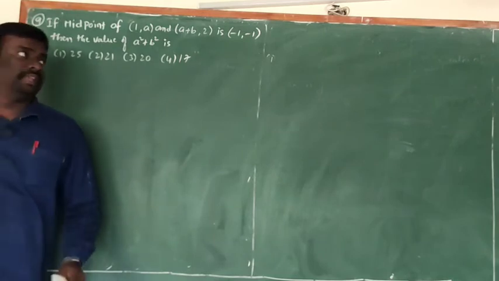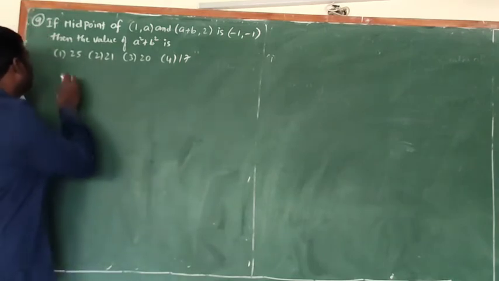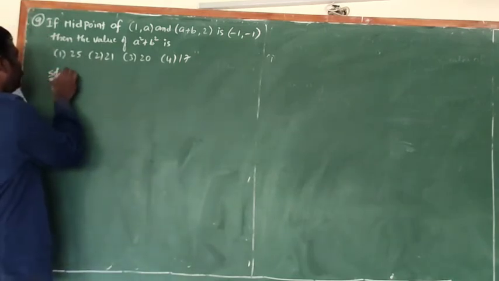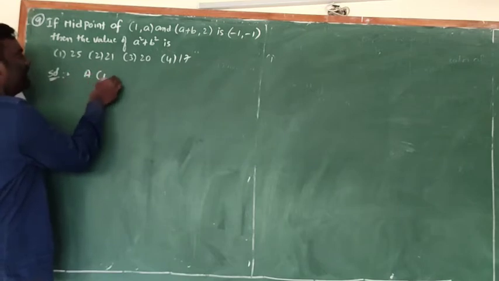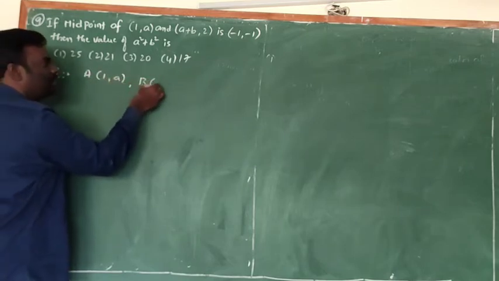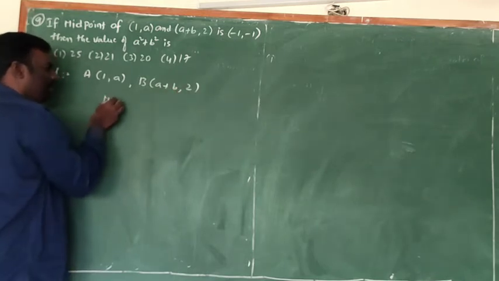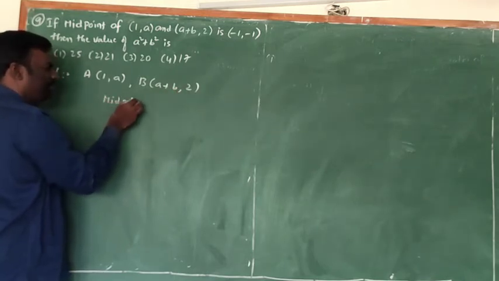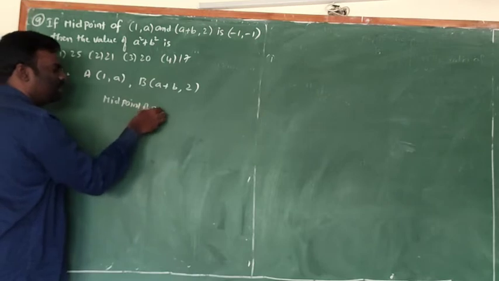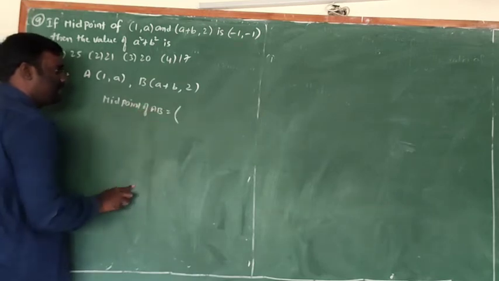Okay, see, first point is A, second point is B. Midpoint of AB. What is the midpoint formula? (x1 plus x2) by 2, comma (y1 plus y2) by 2.